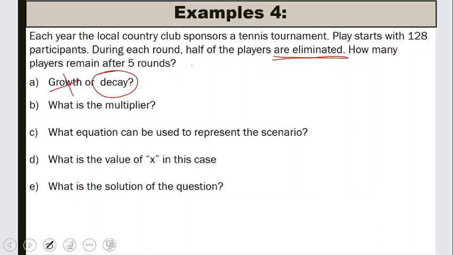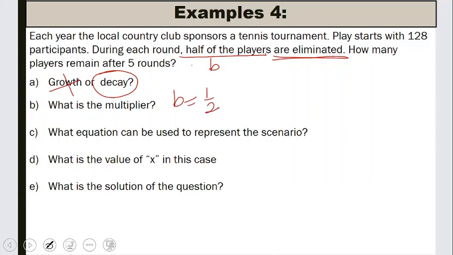So what is the multiplier? In this particular question, we are not given any rate. We are just told half of the players are eliminated. That means we are given the multiplier, so this is b. Our b in this case is 1/2.